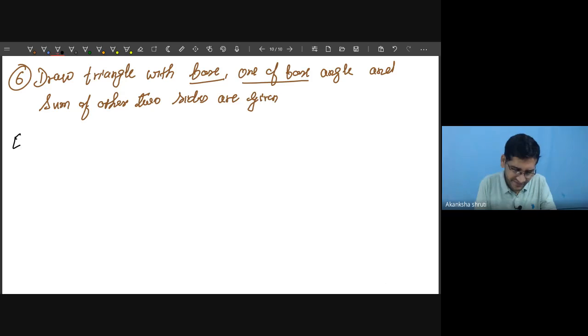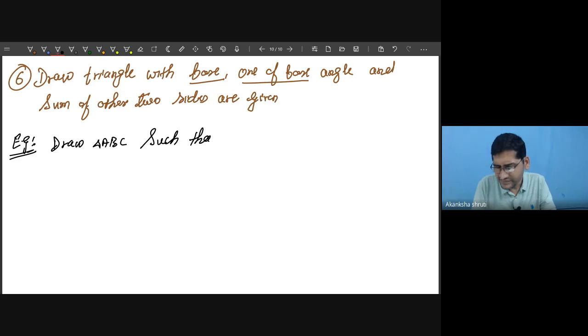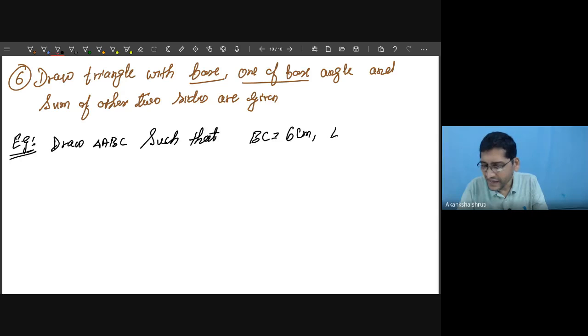Example: draw triangle ABC such that BC is equal to 6 centimeter, angle B is equal to 50 degree.